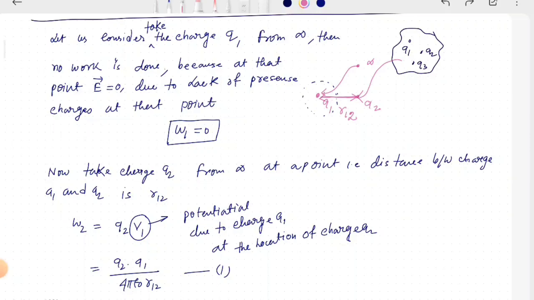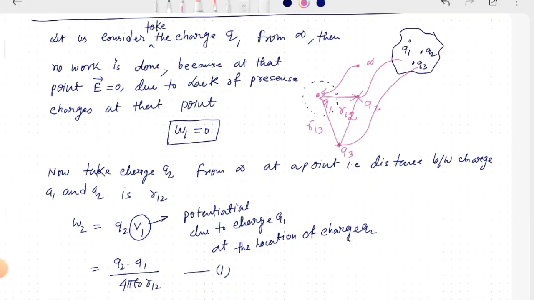At that point we take Q3, and this charge Q3 is situated at a distance R13 from the first charge and R23 from the second charge.